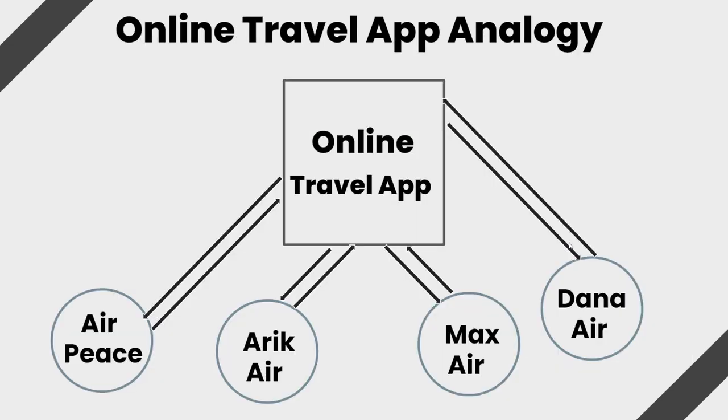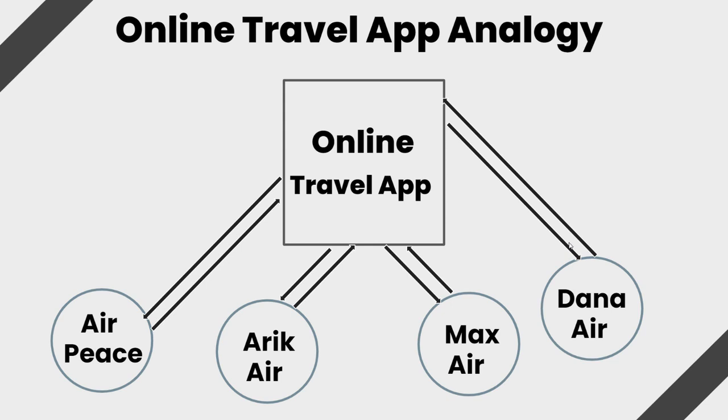So the next analogy we have here is the one of an online travel app. So for many of us that like to travel a lot, it could be local flights or abroad, anyone, you've actually made use of a travel app before, or a travel website.